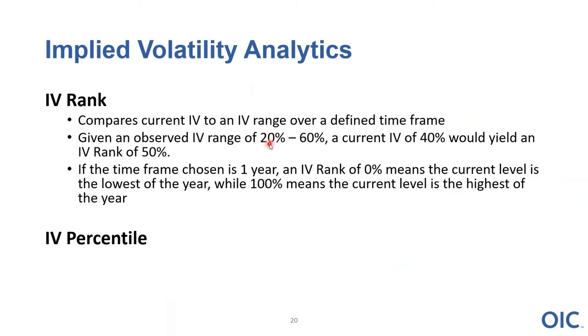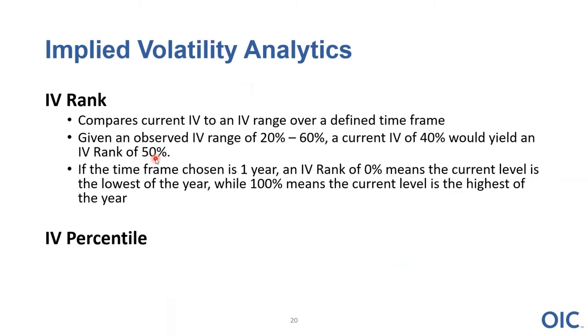The lowest level of implied volatility over the past year, 20%. The highest level, 60%. Today's level is 40. These are the only 3 observations that IV rank is going to consider. And then with 40 being exactly in between 20 and 60, the IV rank would be 50%.